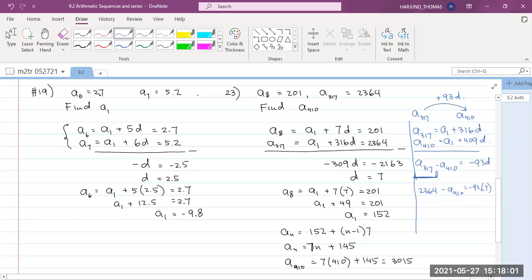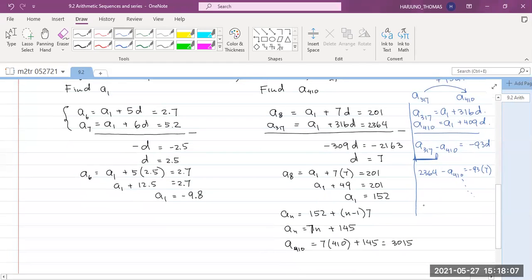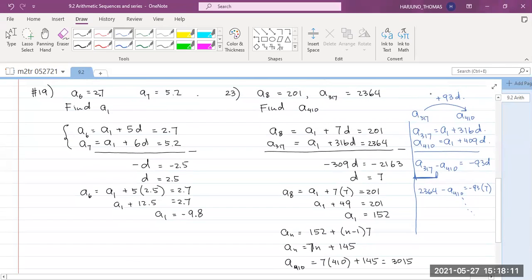So you can use that to find the 410th term. If you picture that, what I'm doing in the blue here is more into your conceptual view. You will see that the 410th term equals the 317th plus 93D.